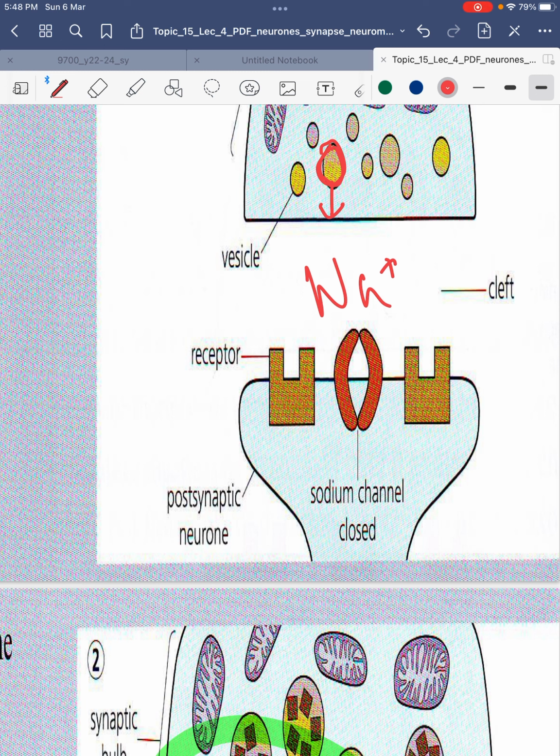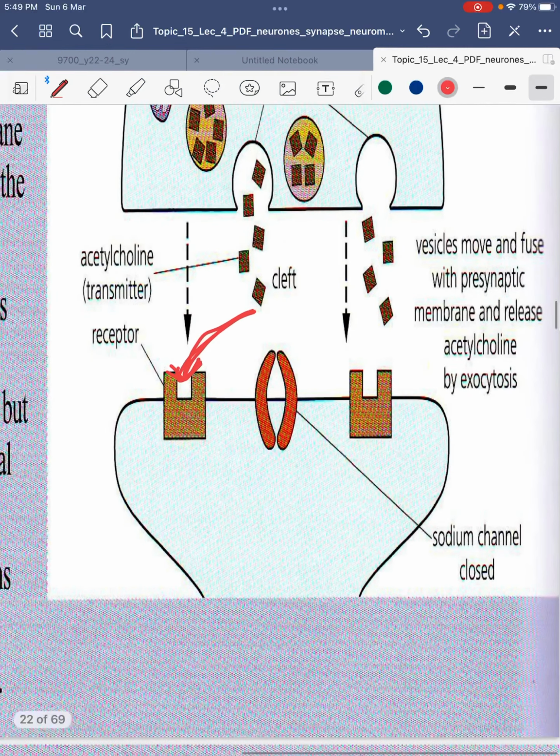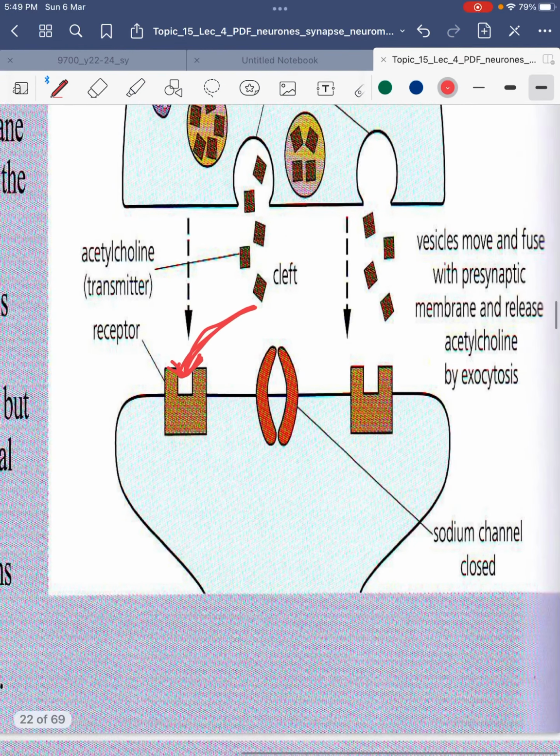This vesicle containing acetylcholine will fuse with the presynaptic membrane and release the acetylcholine, and it will bind to the receptor, which is here. The binding of this acetylcholine to its receptor will cause these sodium channels to open, and so sodium will enter.